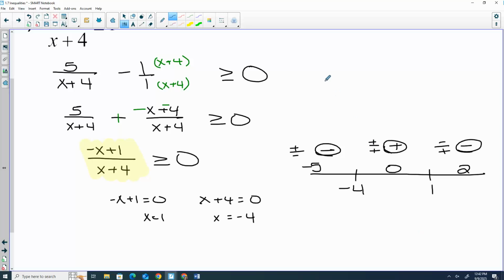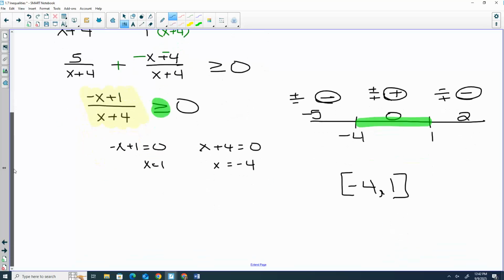Which ones did I want? Okay, equal to means bracket, but if I write this, I am actually wrong. Does anyone know why?